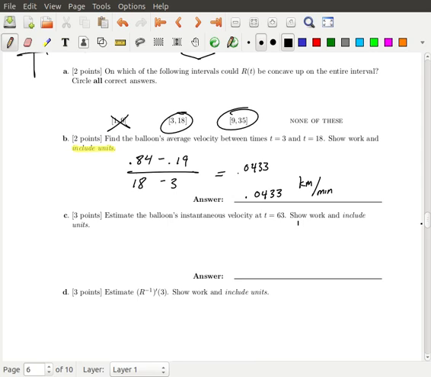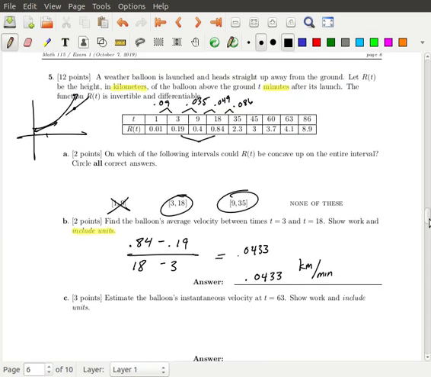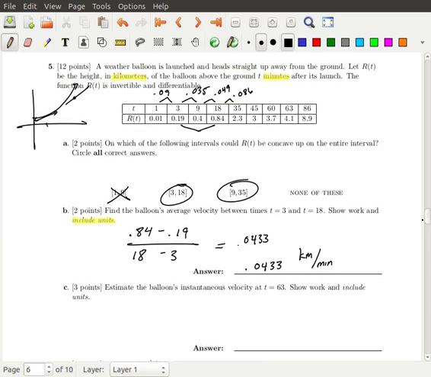Part C, estimate the balloon's instantaneous velocity at t equals 63. Show work, include units. Again, this is just about taking slopes. So we see 63 right here. We don't have its instantaneous velocity. That would be the slope of its tangent line. But we can estimate it by taking a nearby slope between 2 points. So since 60 is the closest point to 63, we'll do the slope between these two.